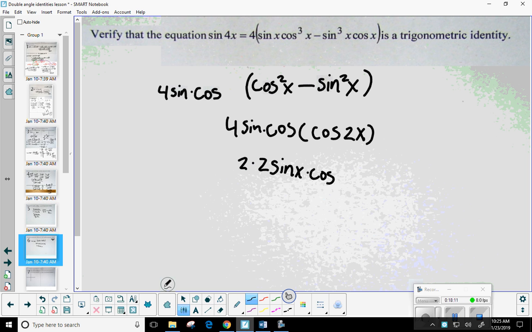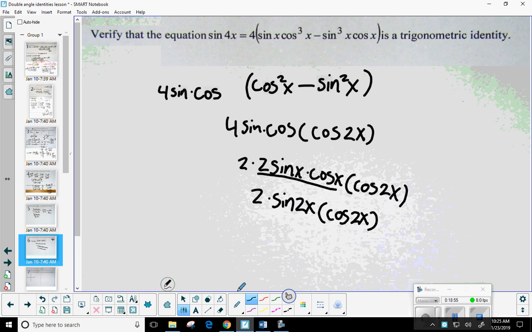Okay. And then you've got the cosine 2x. Now, because of the way you rewrote the 4, 2 sine x cosine x, what is that? So just this portion, it's 2 sine x cosine x. That's sine of 2 theta. So in this case, it would just be sine of 2x, right? So 2 sine of 2x times the cosine of 2x that we have.